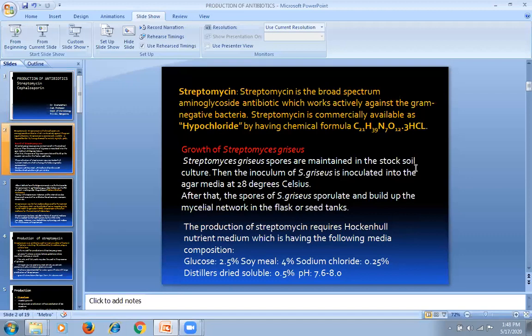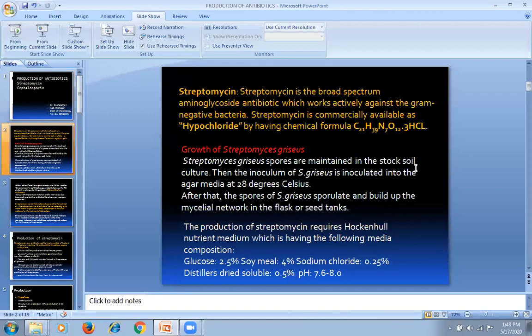So here in this case, Streptomyces griseus is the organism of interest, and the spores of that organism are maintained in stock soil cultures. Then the inoculum is inoculated into agar medium and kept at 28 degrees Celsius.